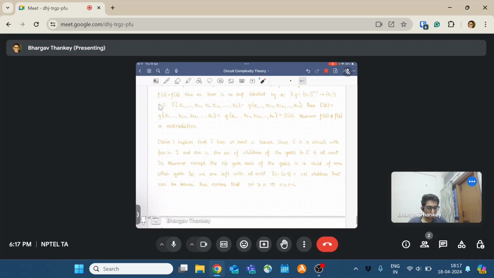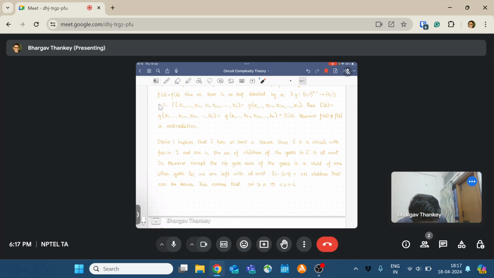Now, in that case, since C would be a circuit of fan-in k and size s, the number of children of gates in C is at most k times s, right? However, again, except the output gate, each gate must be a child of some other gate. So we have at most ks minus s minus 1 gates, and that is (k minus 1) times s plus 1.